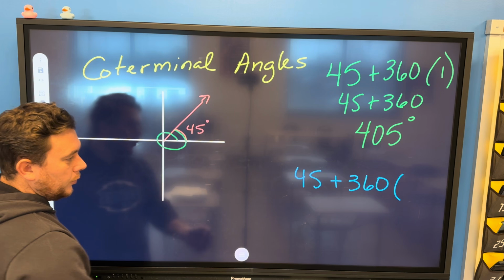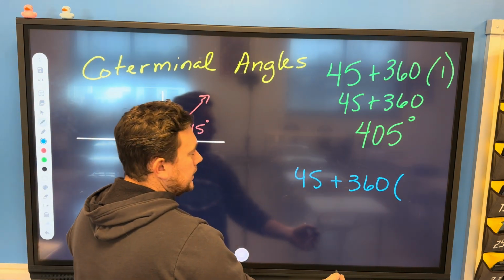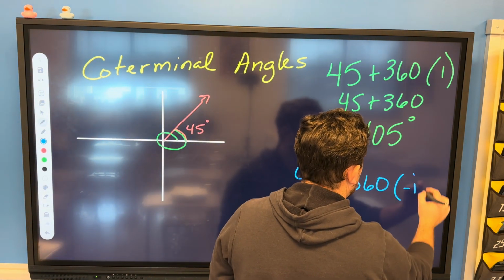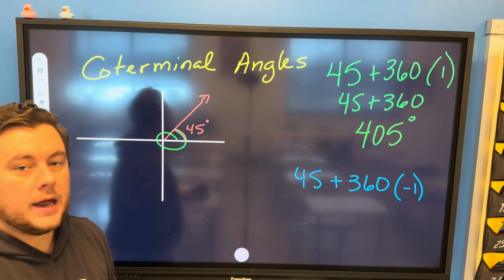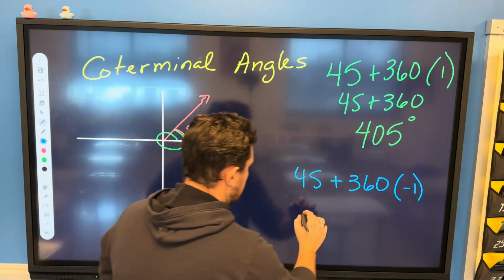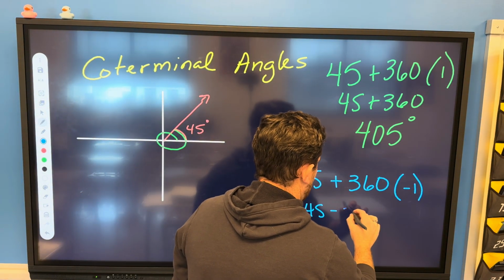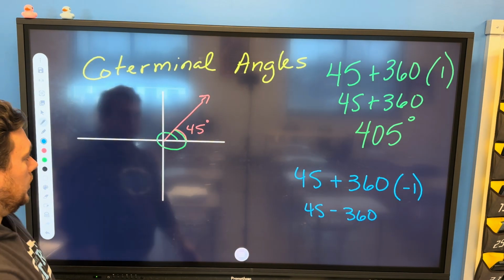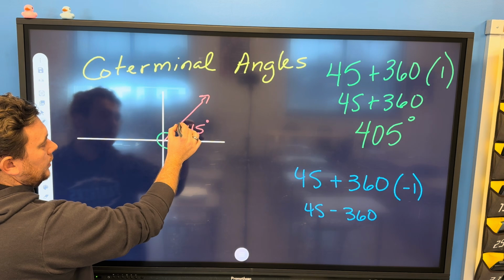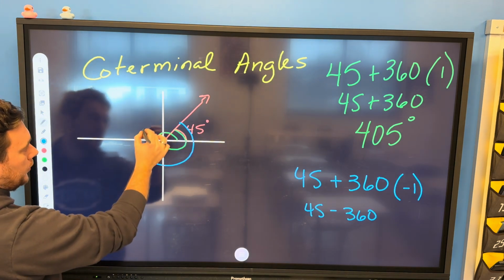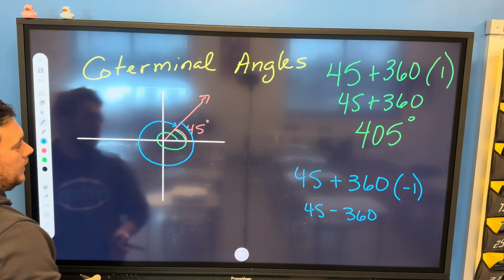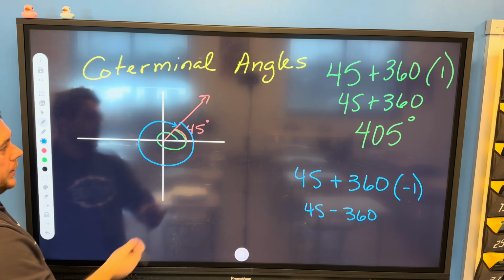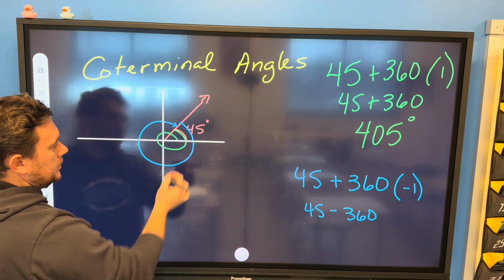So we're going to do 45 plus 360 times -1, okay? All that ends up doing is instead of adding 360, we're subtracting 360. So if we're going from this point around 360 degrees in that direction, we end up back at the same place, okay?